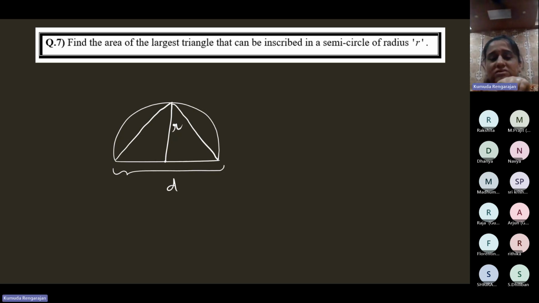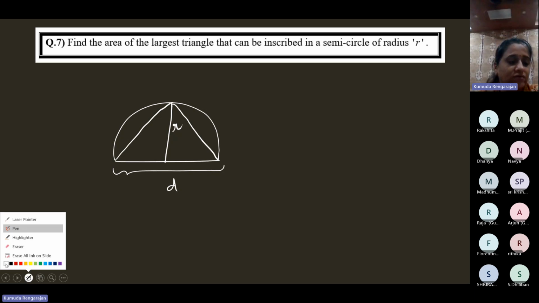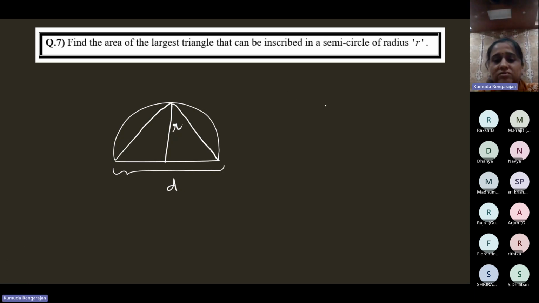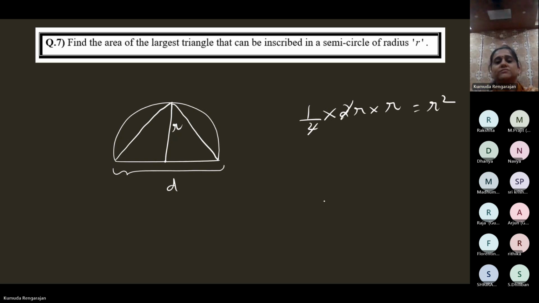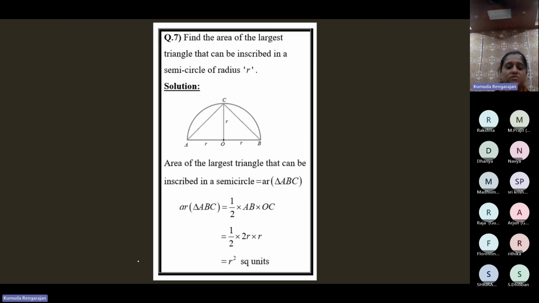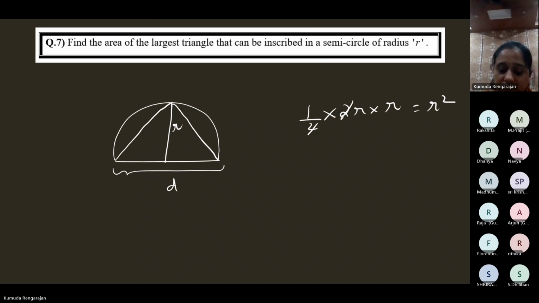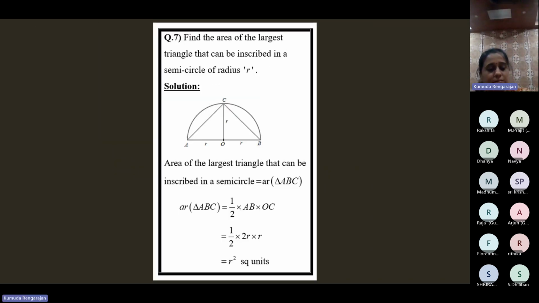So half into base 2r into height r. So 2 gets cancelled. So the answer is r squared square units. So that's about it.